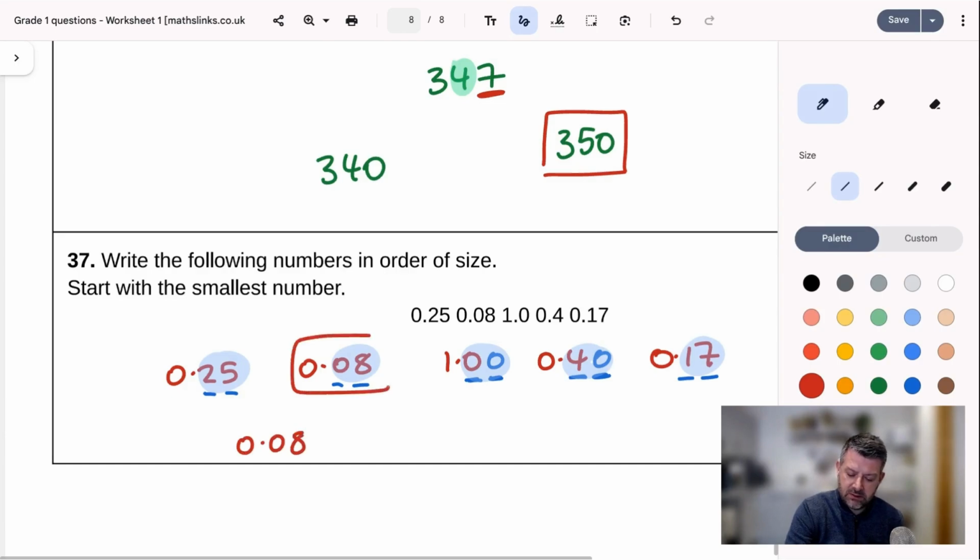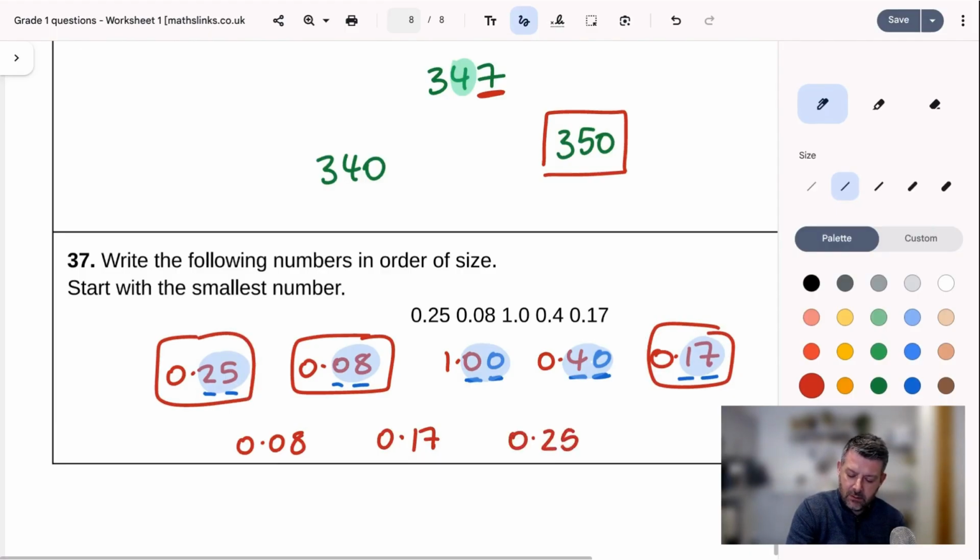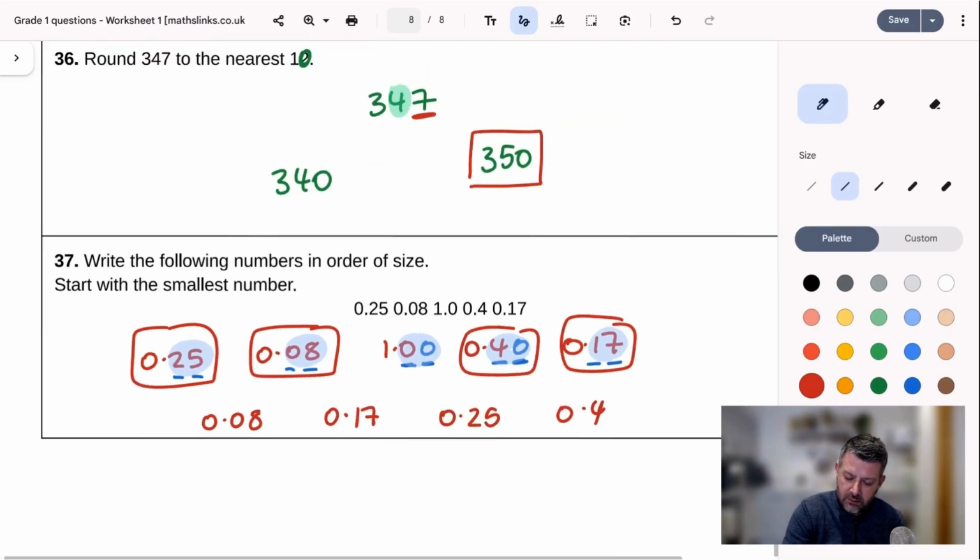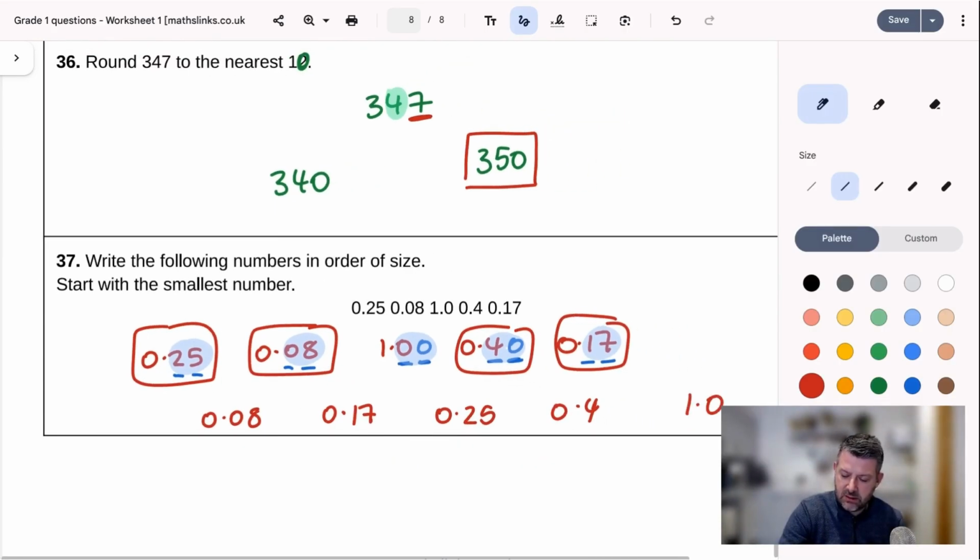I'm just going to circle as I go. 0.17, 0.25, 0.4 next, and then 1 or 1.0. So those are the answers to those questions. I will adjust a couple of those.